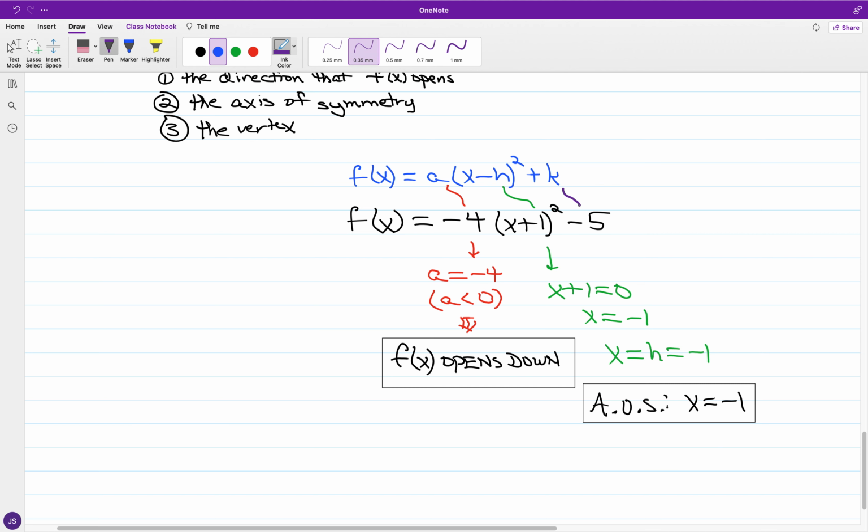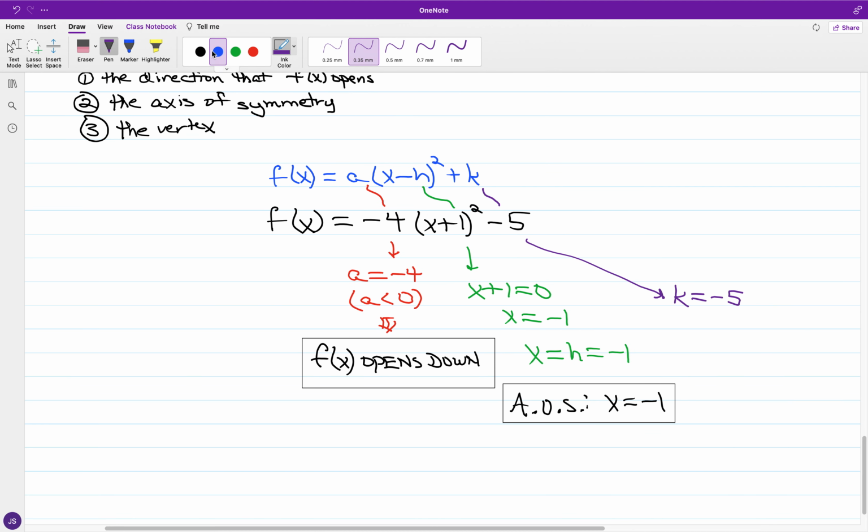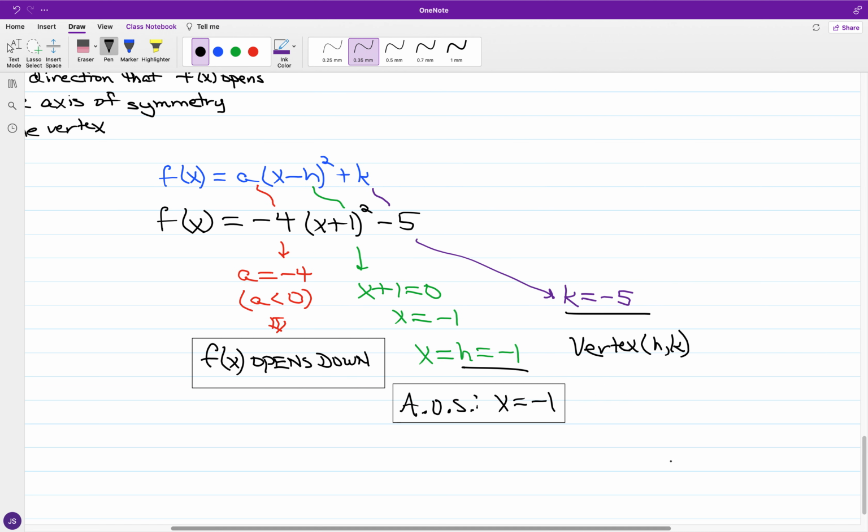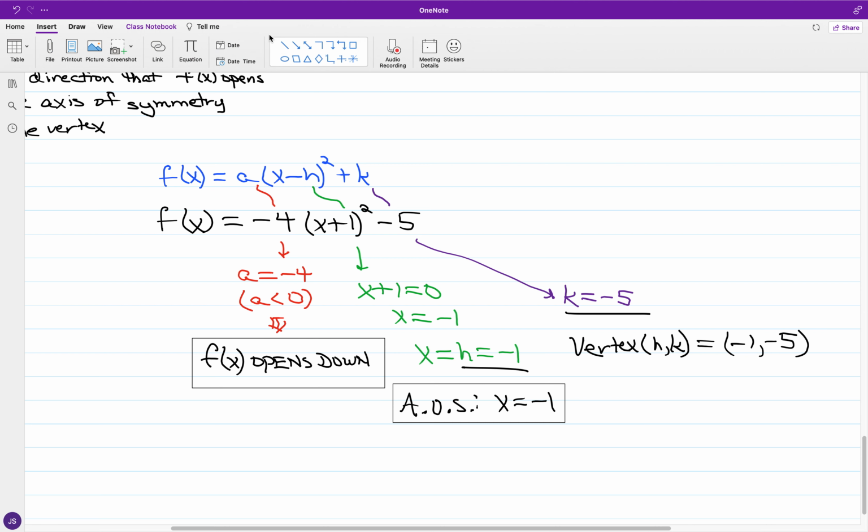And for the k value, notice we have the subtraction of 5 at the end. So you have that k is equal to -5. So h is equal to -1, k is equal to -5. And for the vertex h, k, again, h is -1, k is at -5. And so we have -1, -5.